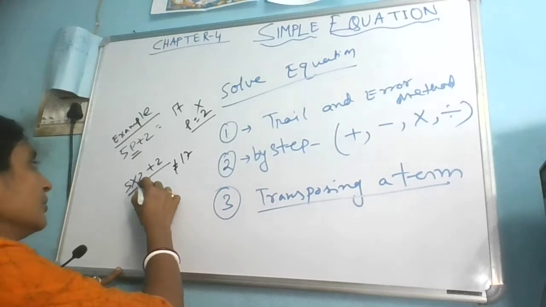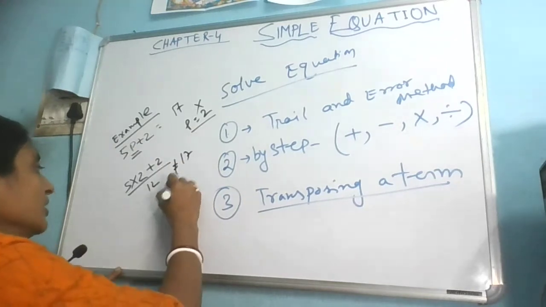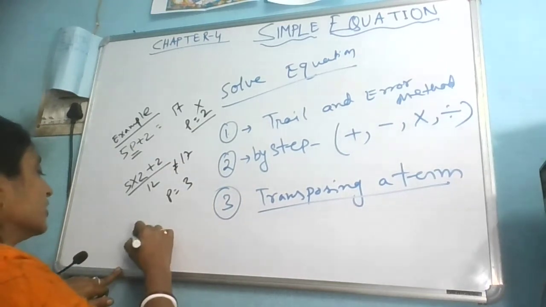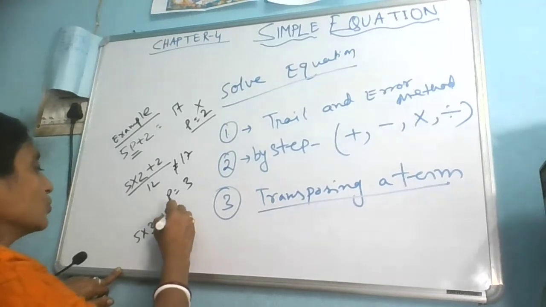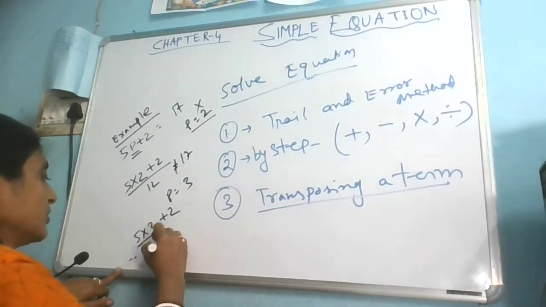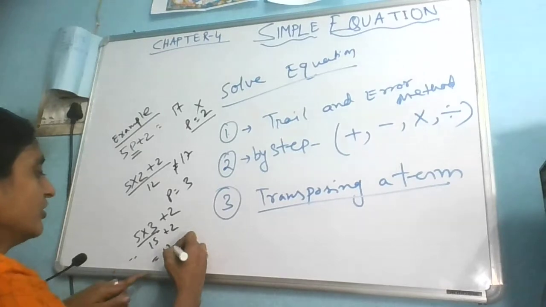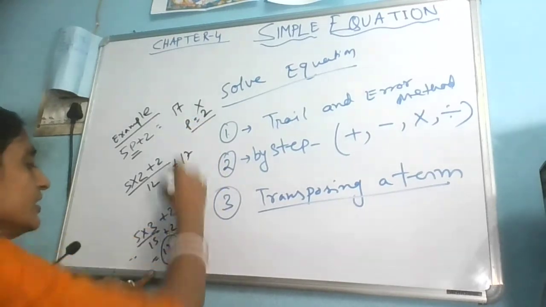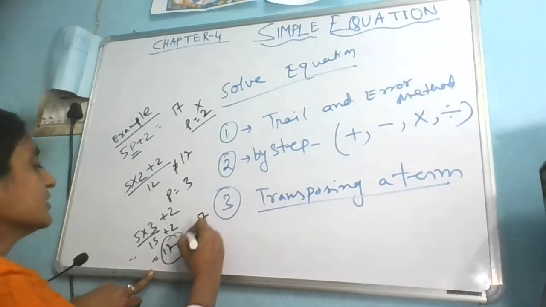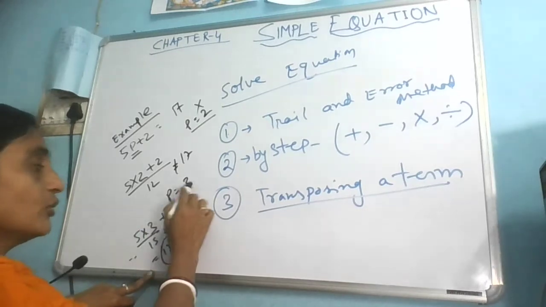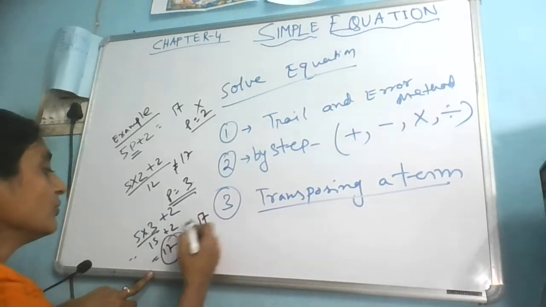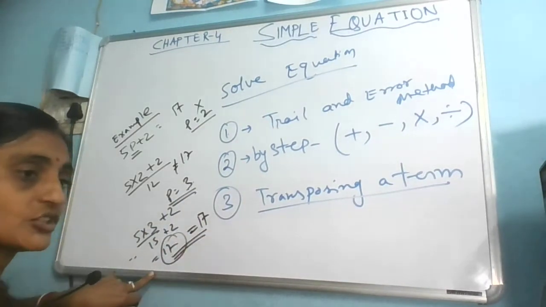Let's consider p equal to 3. What will I get? That means 5 into 3 plus 2, which is 15 plus 2, that means we are getting 17. Now I can say that yes, if the value of p is 3, it will satisfy the equation.